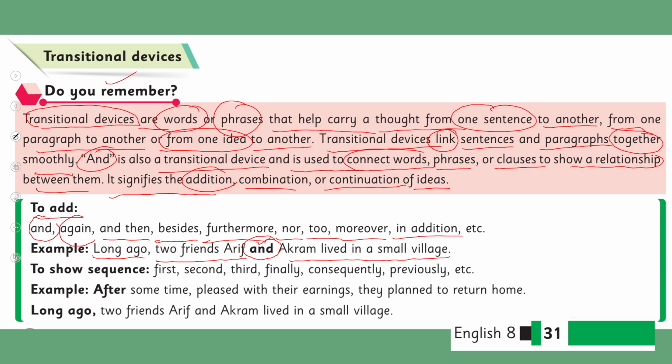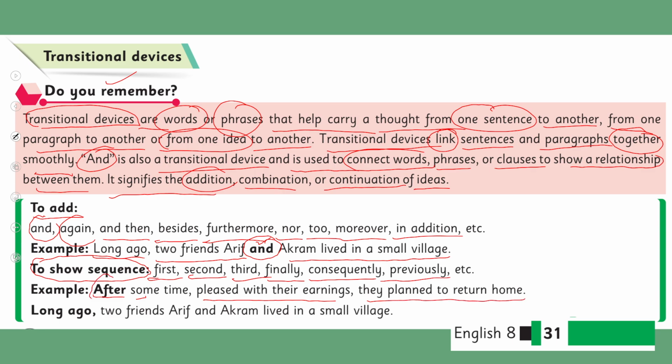We also use transitional devices or transitional words to show sequence. We use words like first, second, third, finally, consequently, or previously, etc. For example, after some time, pleased with their earnings, they planned to return home.